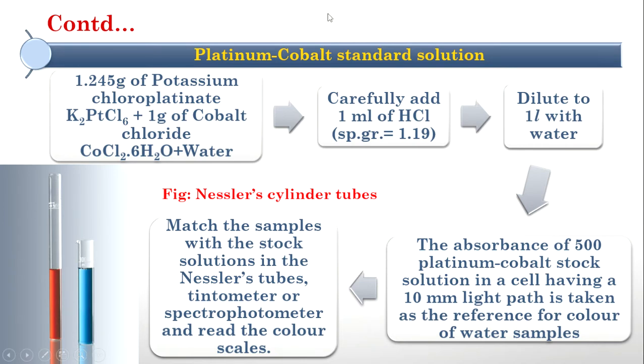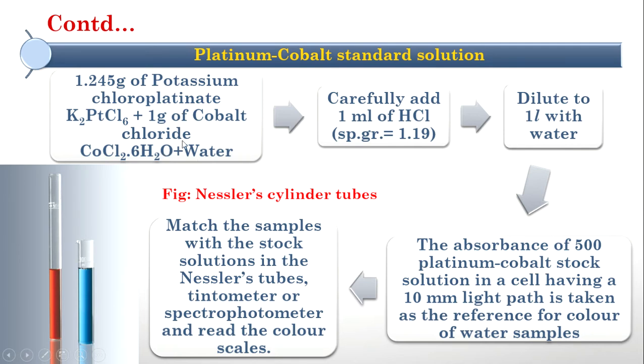And this is the way by which we will form that standard solution. We have already said that our sample is compared with a standard solution which is made up of platinum and cobalt. This is how the solution is made. We'll take 1.245 gram of potassium chloroplatinate and mix it with 1 gram of cobalt chloride, and again mix it with water.